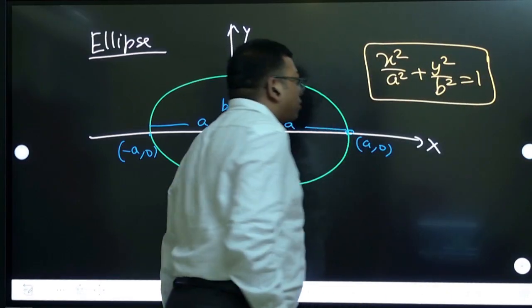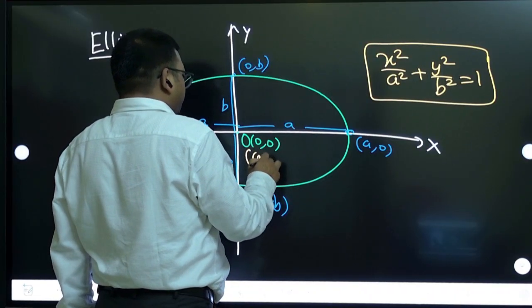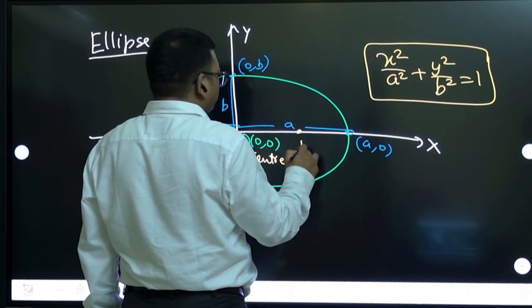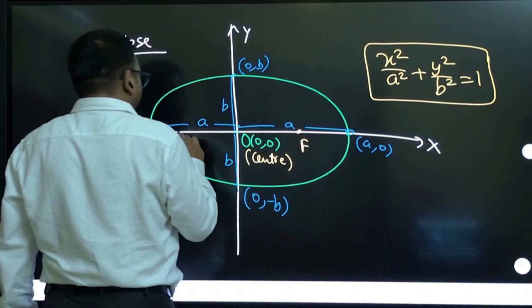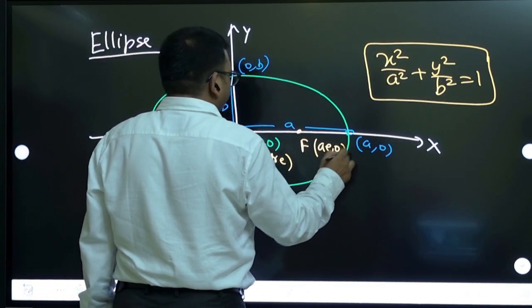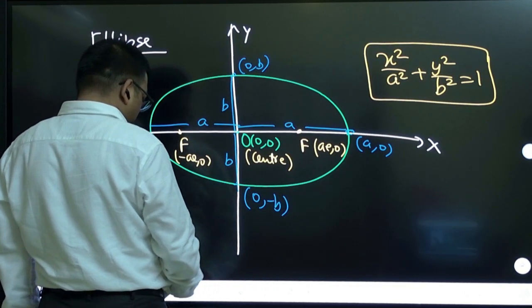This is the standard form of ellipse where 0, 0 is the center of this ellipse, and the ellipse has two foci, F and F dash, at ae comma 0 and minus ae comma 0. So what is ae?